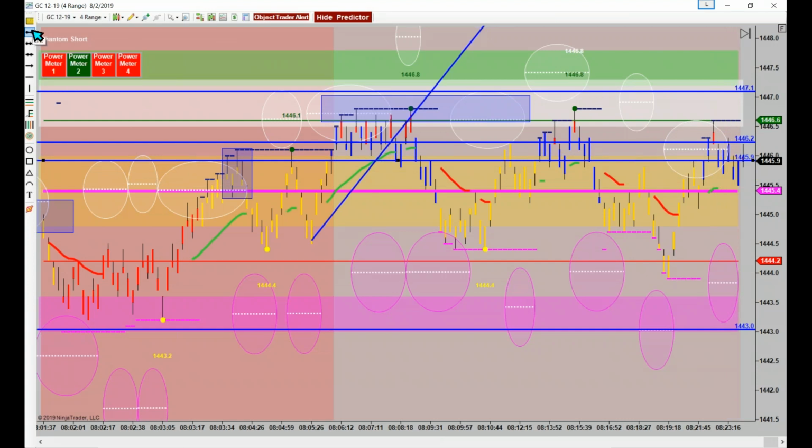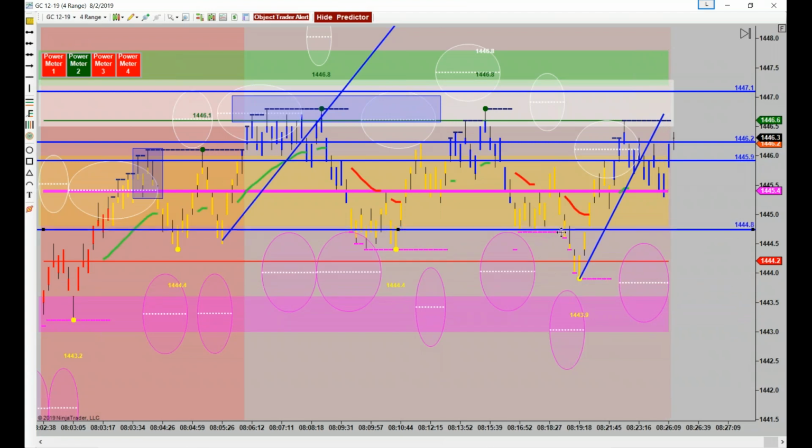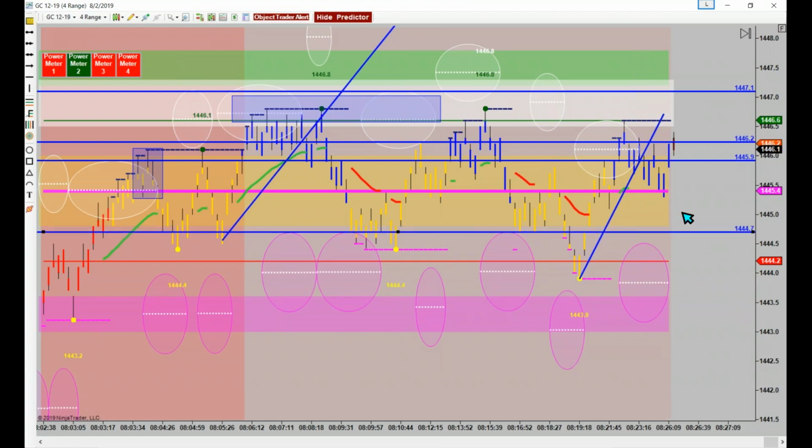It also broke this trend line too, right across here. Stop would be right there. Try to get a scalp. Look to the left, trade the right. Did we get taken out? Not yet.